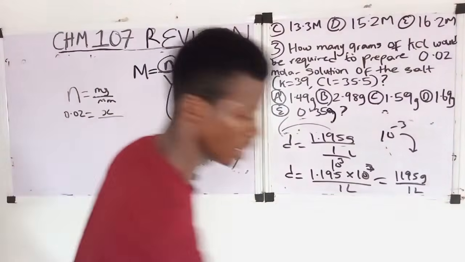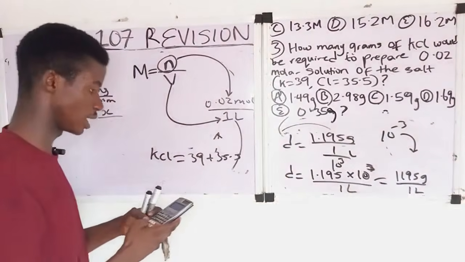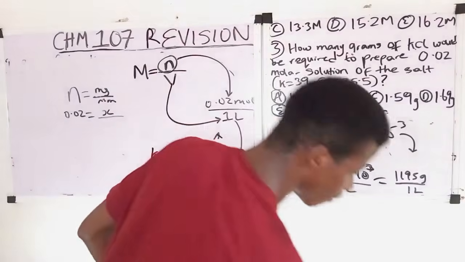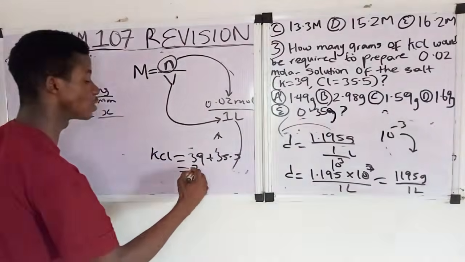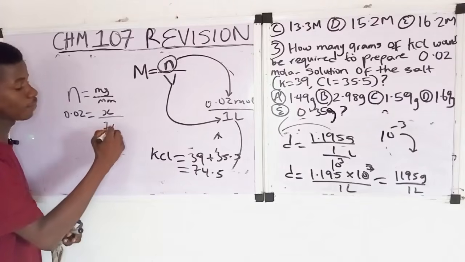If we add everything, we have 39 plus 35.5, which gives us 74.5. Therefore, the molar mass of potassium chloride is 74.5.